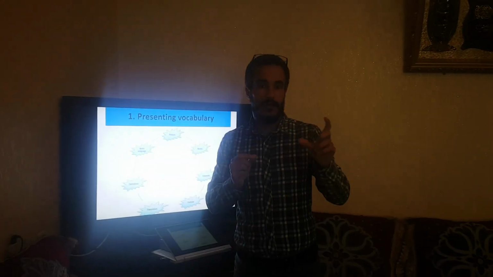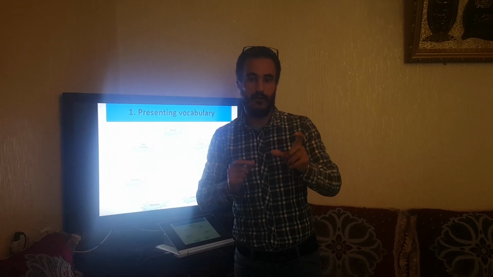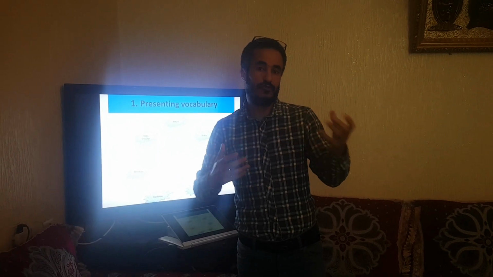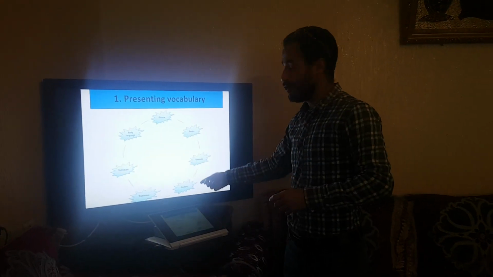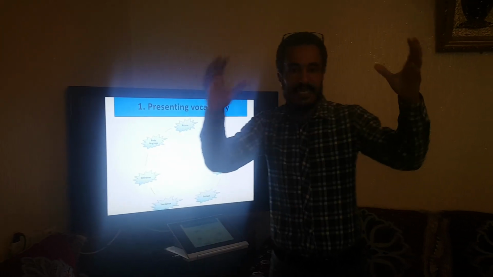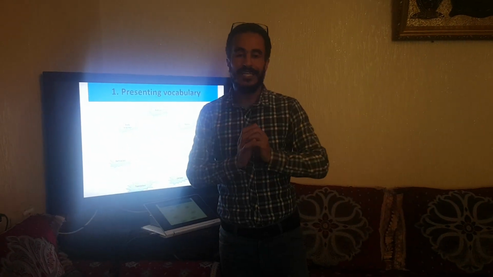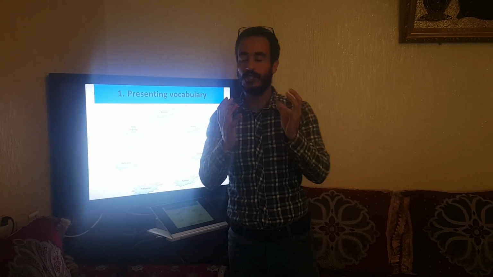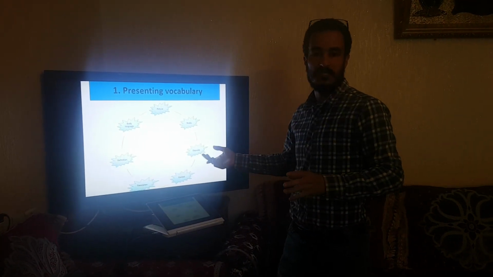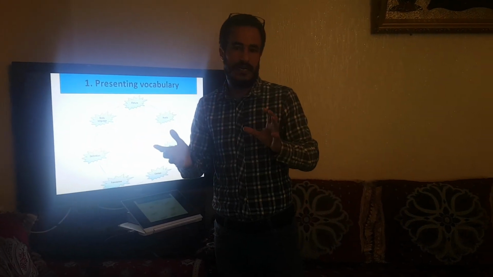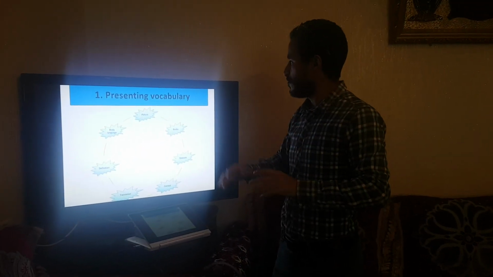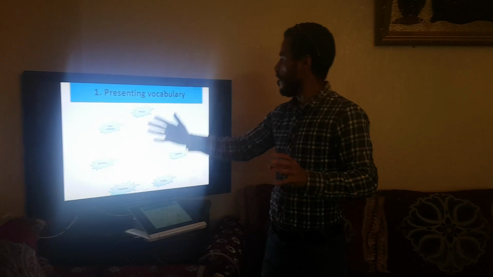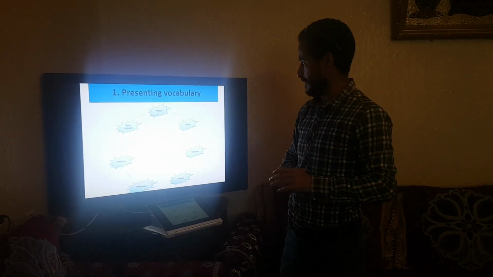In Arabic, a banana means al-mawz, or mawz, okay. You can translate. Or you can use a context in a sentence, in a text, and students can guess from the context the meaning of that word. Or the opposite. Yeah, there is no opposite, I guess, for banana, okay. So these are some techniques of presenting vocabulary.